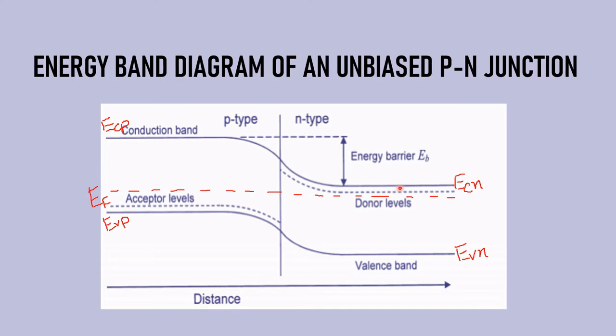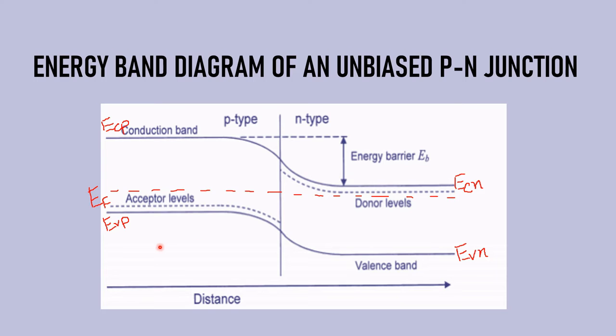In this situation the conduction band edge ECP of the P side will be at a higher level than the conduction band edge of the N side, that is ECN.